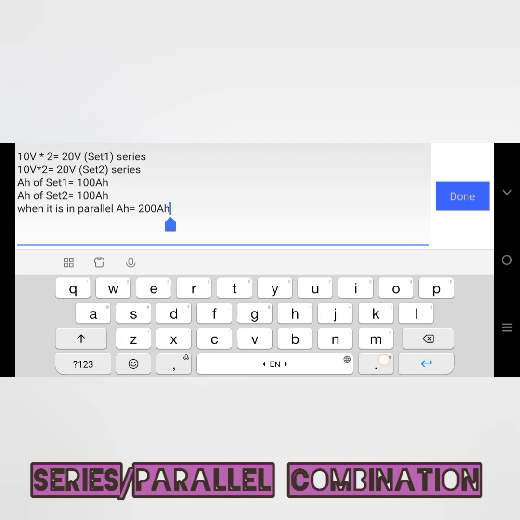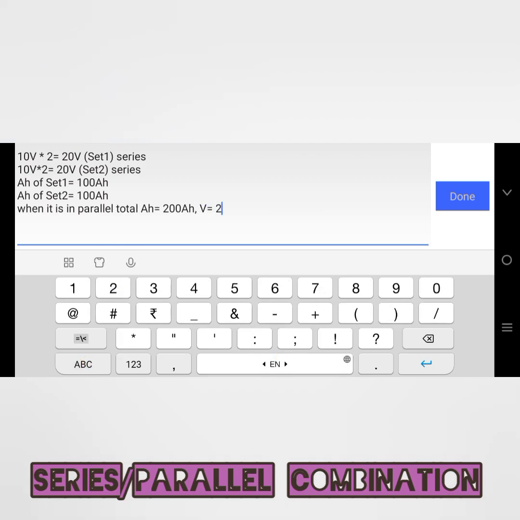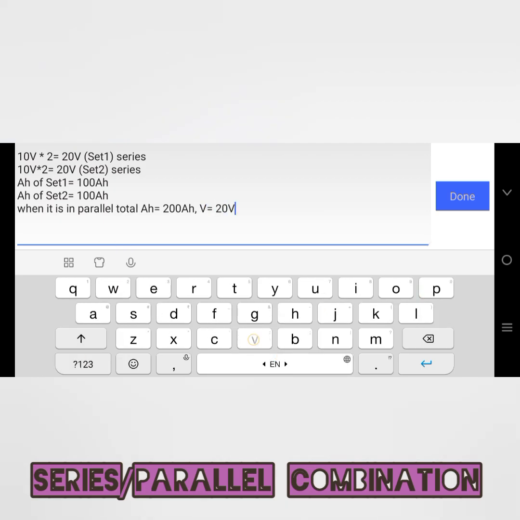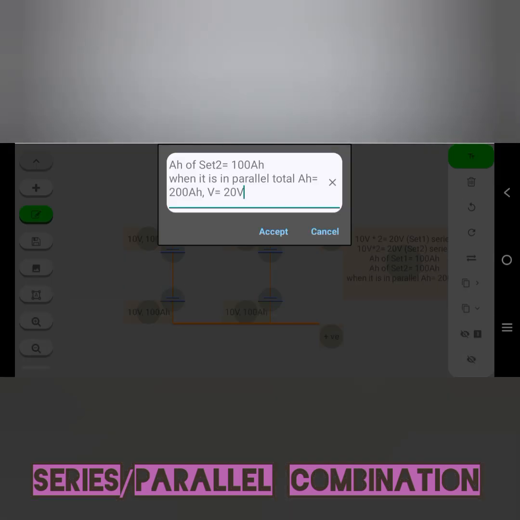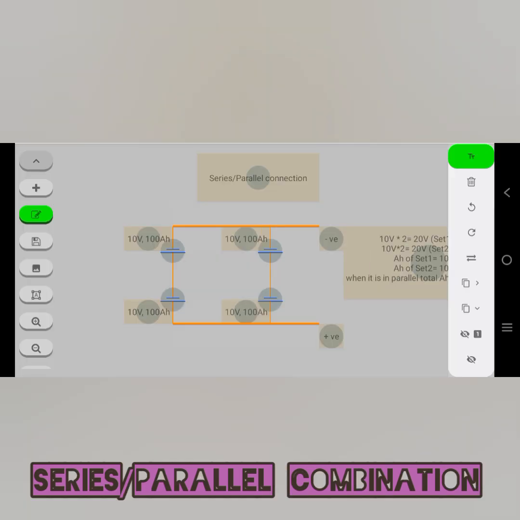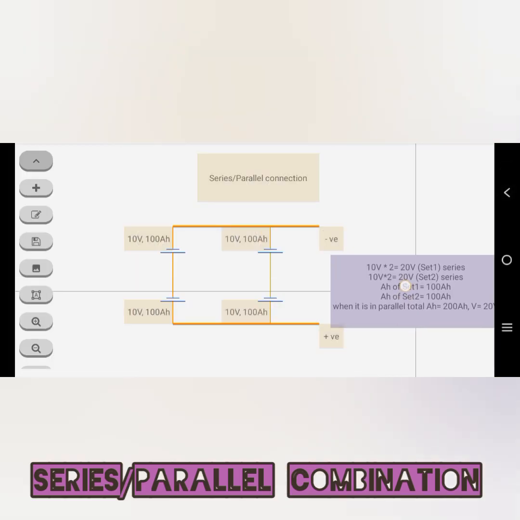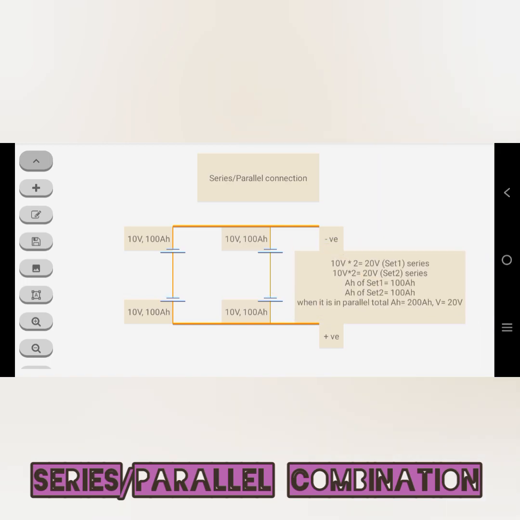Since voltage is increasing in a series combination, our Ah will remain constant, and all the sets will be connected in parallel, and then the load will be connected.